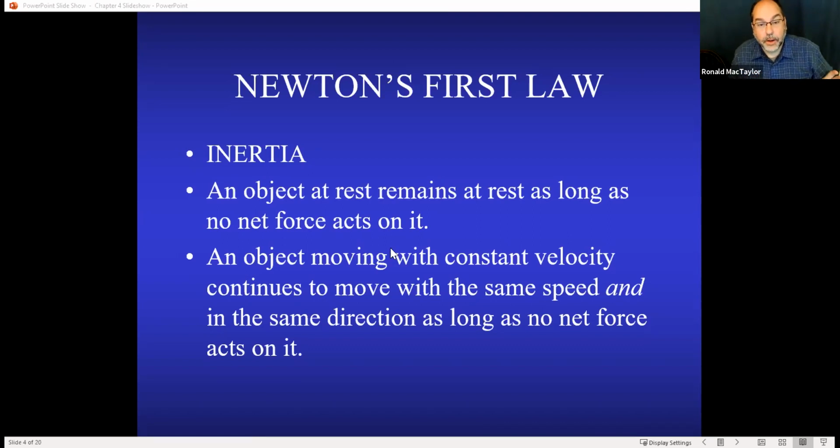And so with this Newton's first law, an object moving with constant velocity continues to move with the same speed and in the same direction as long as no net force acts on it. So again, that idea that when it's moving, there's forces acting on it, but they're in balance. And once you change that balance, the speed will change.